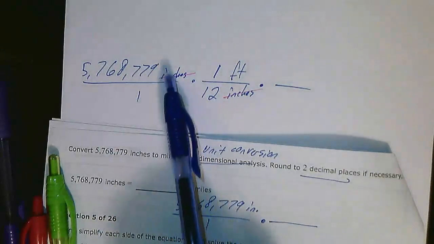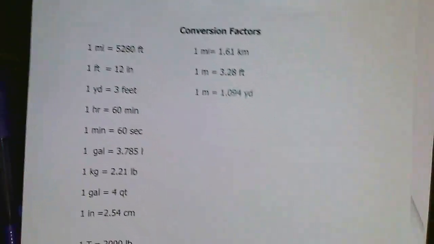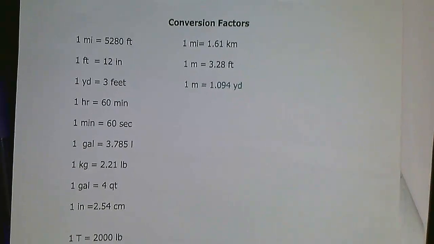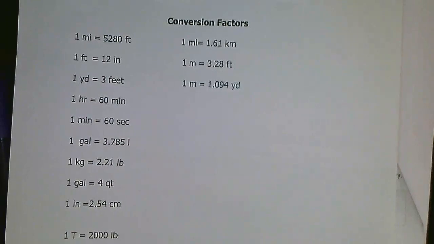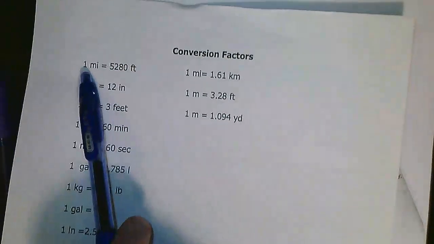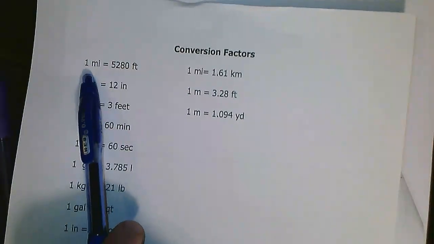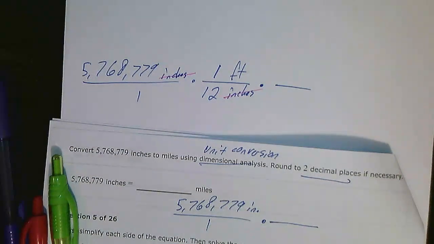So we're working our way from inches to feet to miles. You might want to print out, I can't remember if it is on the question, but this should be in your notes somewhere, some conversions. This is the one I always have to look up. How many feet are in a mile? There are 5,280 feet.